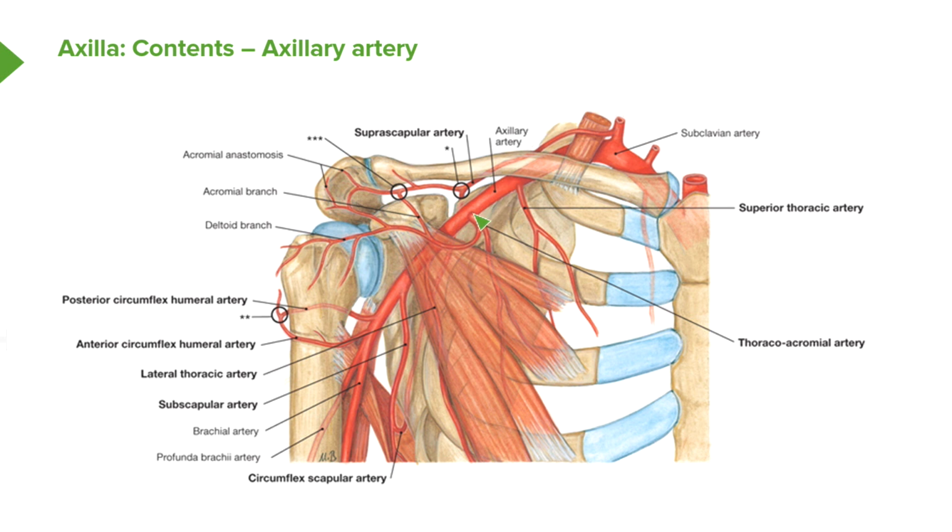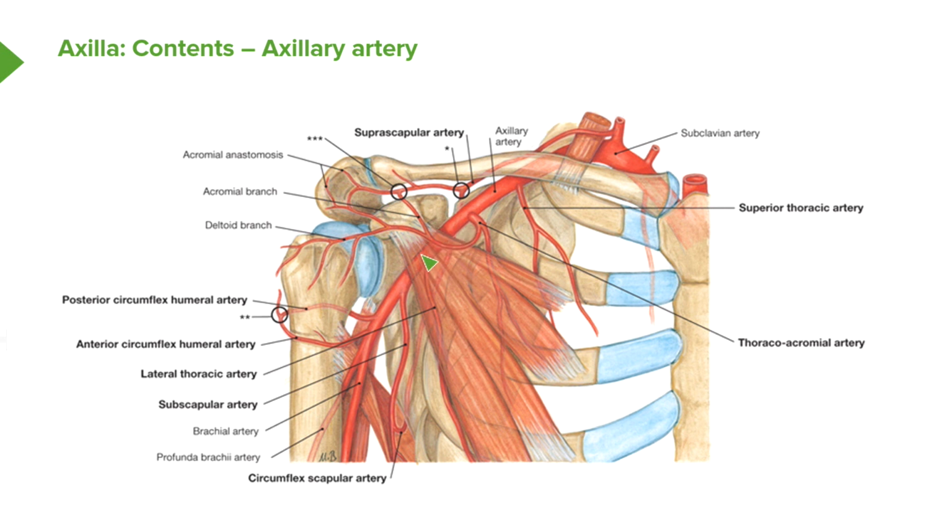Now, we can recognize three parts to our axillary artery, and these are associated with pectoralis minor muscle. Here we have pectoralis minor muscle coming from the ribs and passing to the coracoid process of the scapula. The first part of the axillary artery is between the clavicle and this superior border of pectoralis minor.